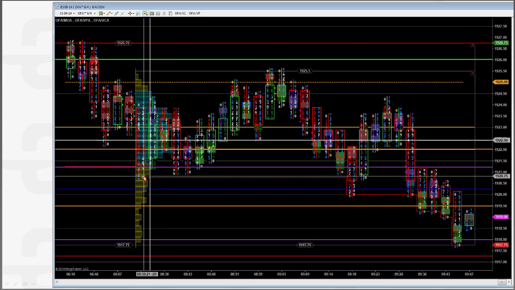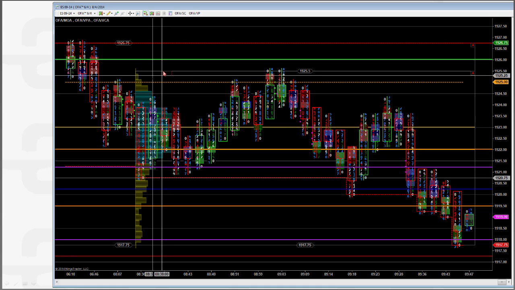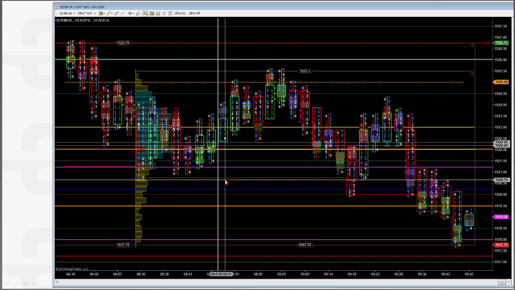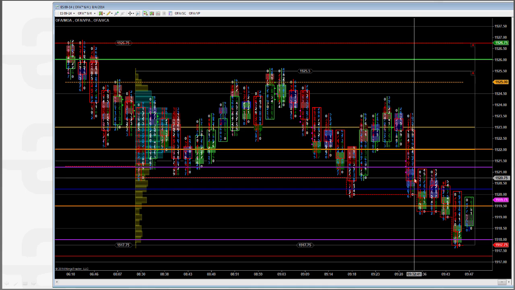Very, very good distribution, which suggested a balanced market. And so our trade was either at the edges, trading towards the middle, or waiting for what? A breakout of these edges, and for confirmation in the print that buyers or sellers were moving to a specific level.